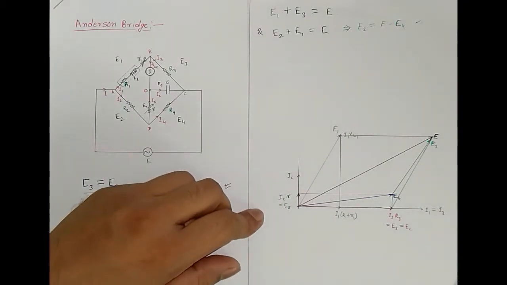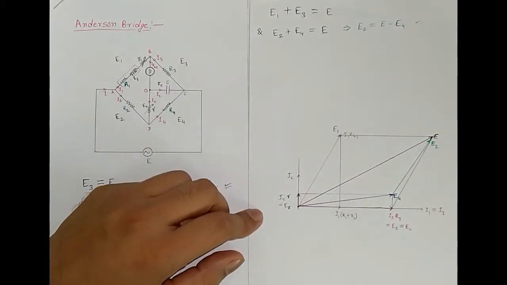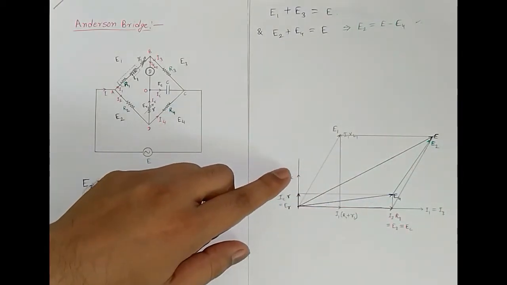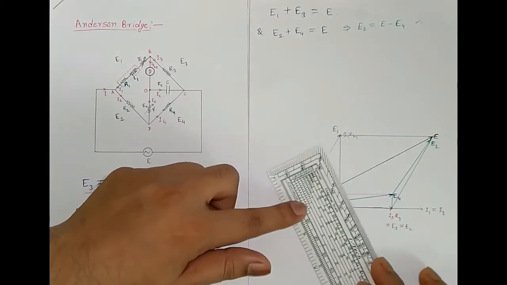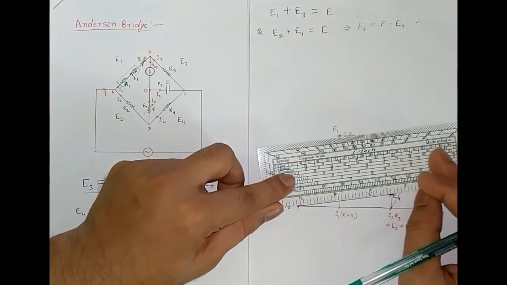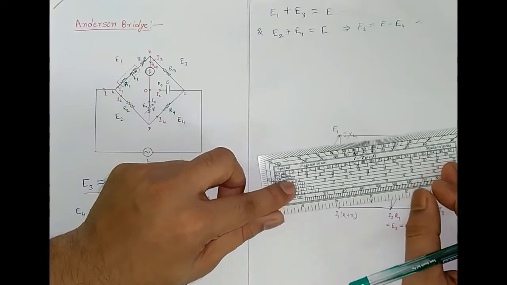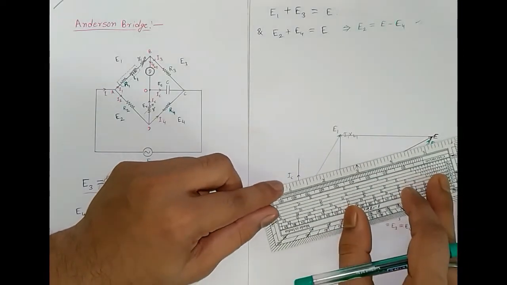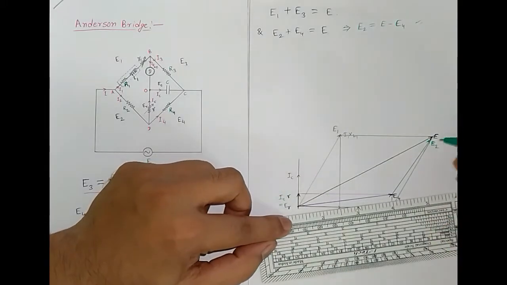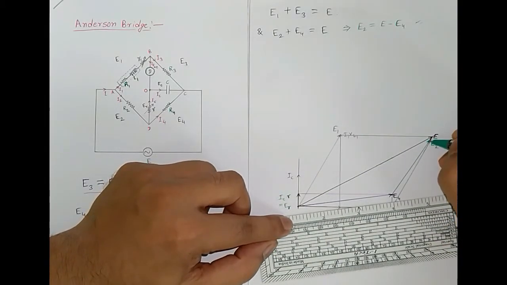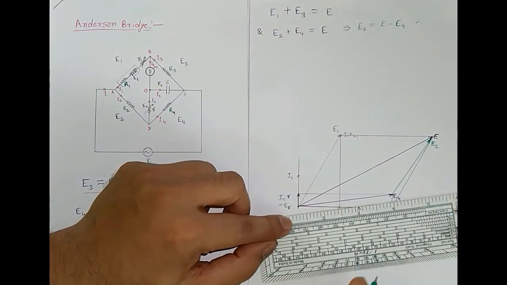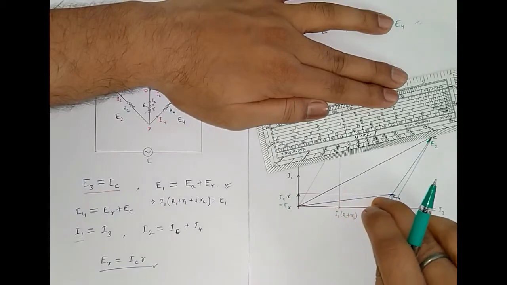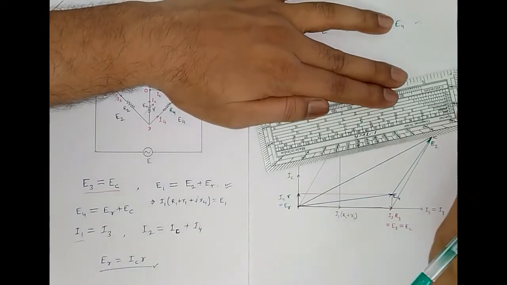According to the parallelogram law, we can also draw this E2 parallel to this one. As we know, this is E4. Then by the parallelogram law, you can also draw a parallel line. This is E2, so the parallel line to E4 is this one.